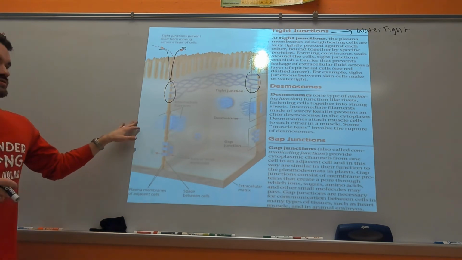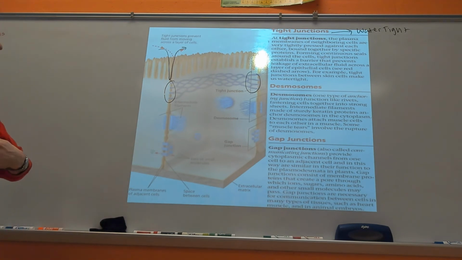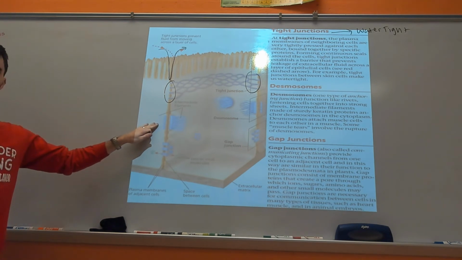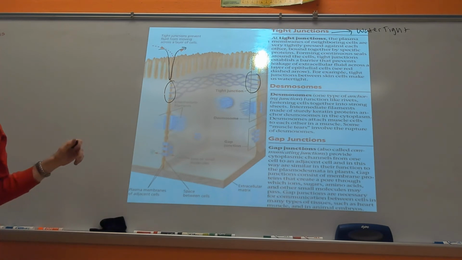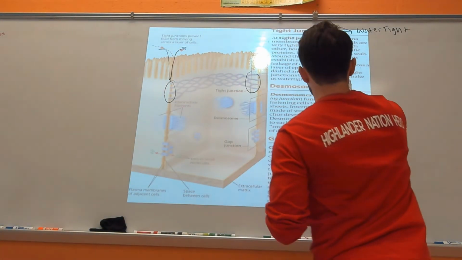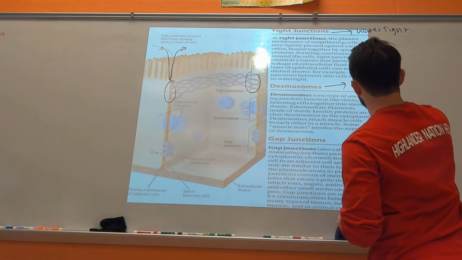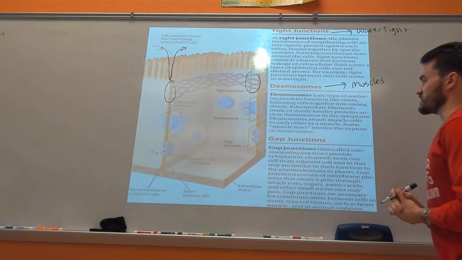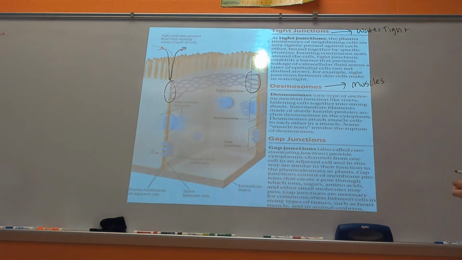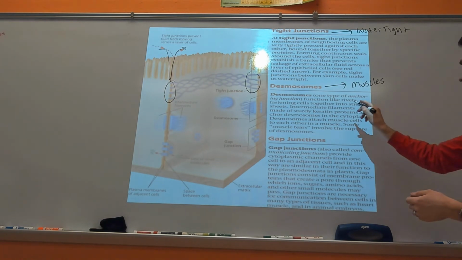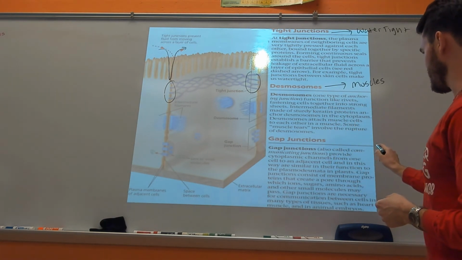Okay, then you have the desmosome. So the desmosome is sort of similar to a tight junction, but it's more of a specialized tight junction. These are found in muscles. So muscles will especially have a lot of desmosomes. And I think they use the word rivet here.